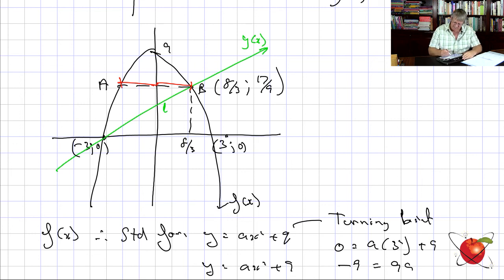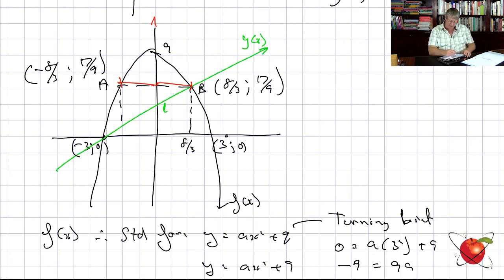It's exactly the same, but on the opposite side, because the y-axis is an axis of symmetry. Therefore, the coordinates over here are going to be minus 8 over 3 and 17 over 9. I know it is minus 8 over 3 because you're symmetrical about the y-axis. My x and my minus x. Remember the two roots where it goes to ground.